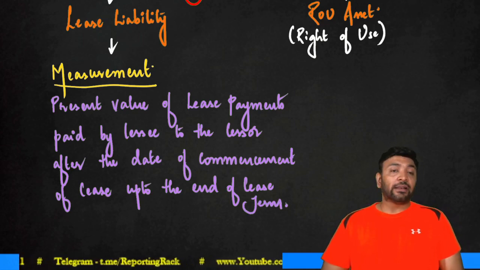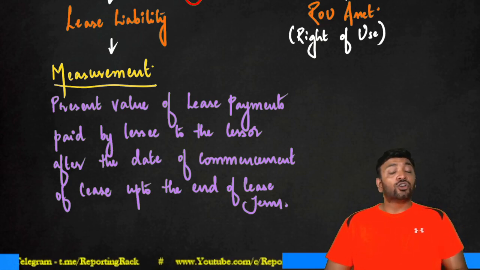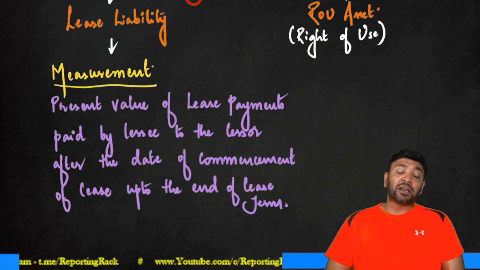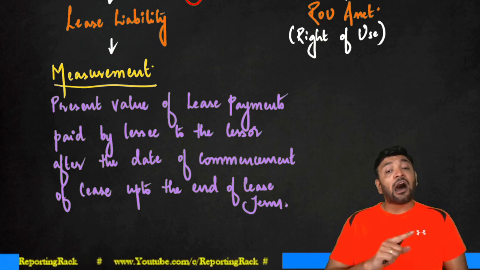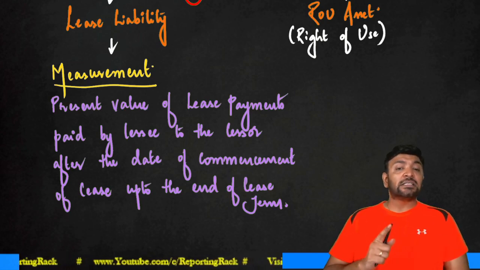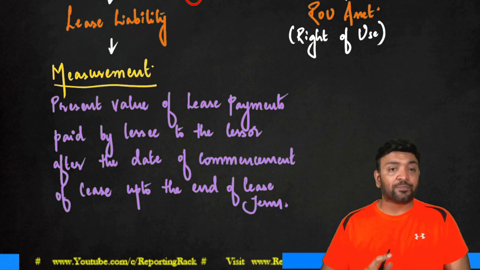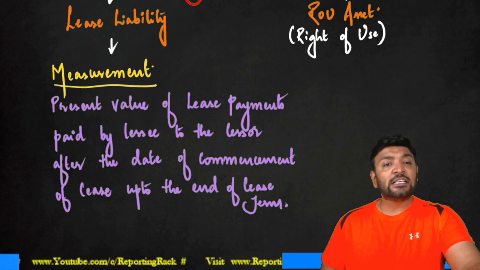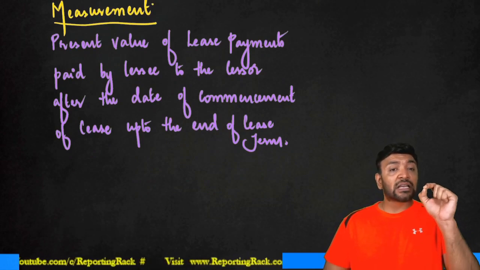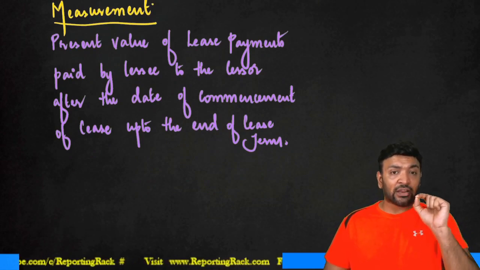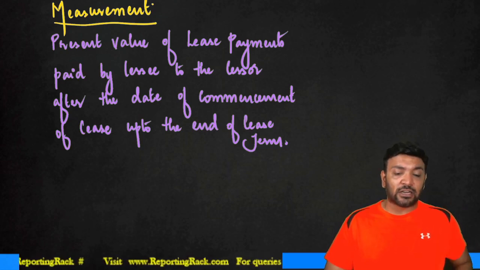Read what I have written. The lease liability in the books of lessee should be measured at present value of lease payments paid by the lessee to the lessor after the date of commencement of lease up to the end of the lease term. Now, what do these lease payments actually include? These lease payments, which are discounted to their present value, shall include all the payments which are made from the date of commencement of lease.